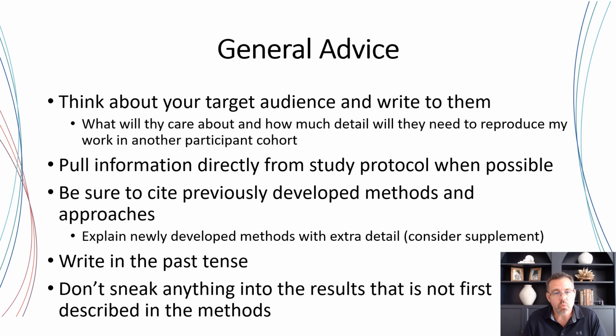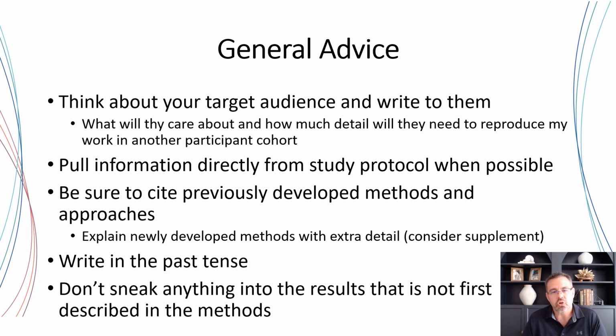And then this last point is one that I see broken sometimes, but we certainly don't want to try to sneak anything into the results that is first not described in the methods. Often I'll see this in terms of a new statistical analysis or the result of some analysis that wasn't described well in the methods.